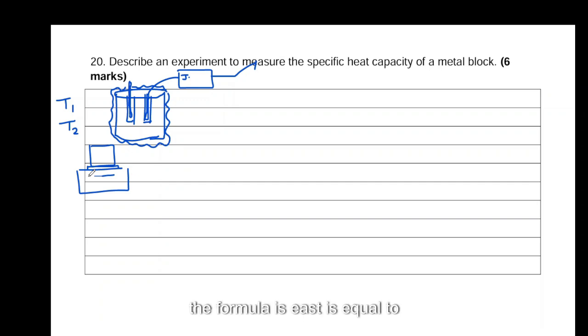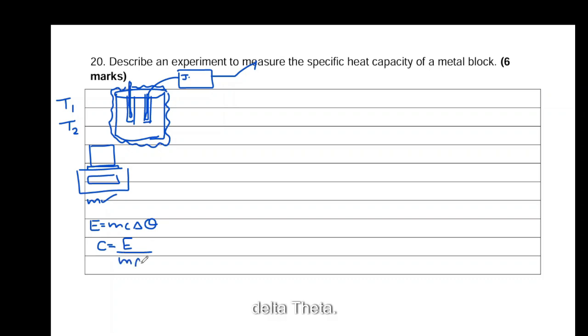Now, the formula is E is equal to mc delta theta. Now, to measure the specific heat capacity C, you need to find the amount of energy and divide it by m delta theta.